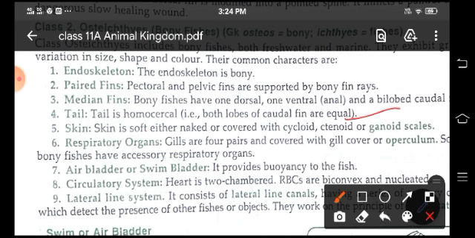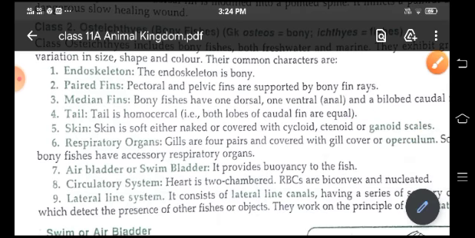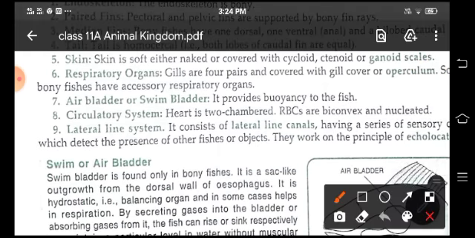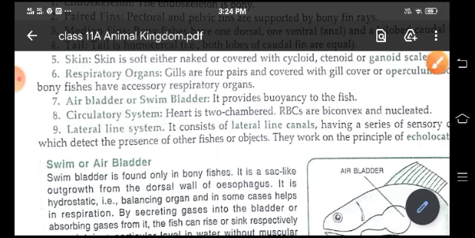Respiratory organs are present and covered with operculum. Air bladder or swim bladder provides buoyancy to the fish. They have a two-chambered heart, and RBCs are biconvex and nucleated. They have lateral line canals, a series of sensory organs which detect the presence of other fishes or objects.